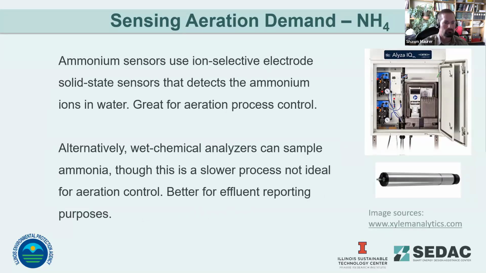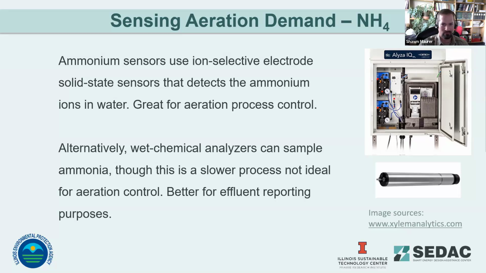Growing in popularity is the use of ion selective electrodes that can detect ammonia. A lot of this is going into, as we've developed more advanced controls, and we'll touch a little bit more on some of the feed forward and early detection controls that are trying to predict loading coming into the plant so that they can react faster and have better control of aeration.